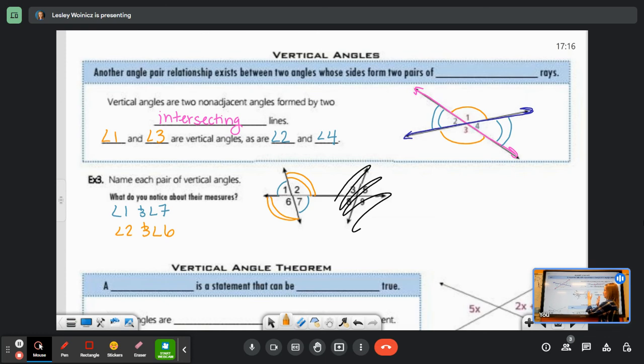Okay, so that was one pair of intersecting lines. Now we're going to look over here at this pair. Okay, so I have angle 3, and its vertical angle buddy is angle 9.